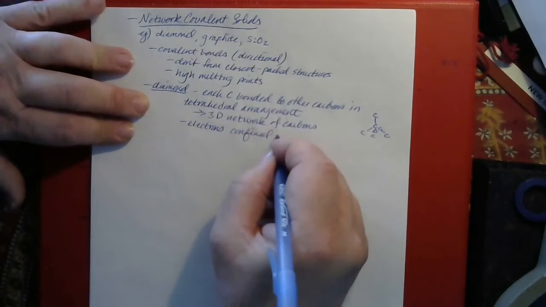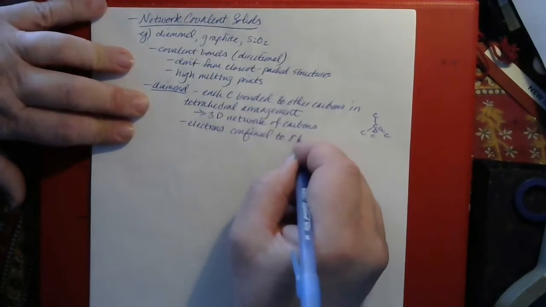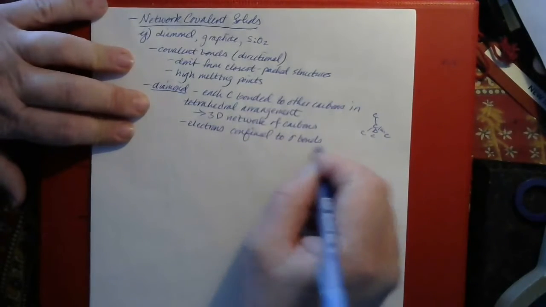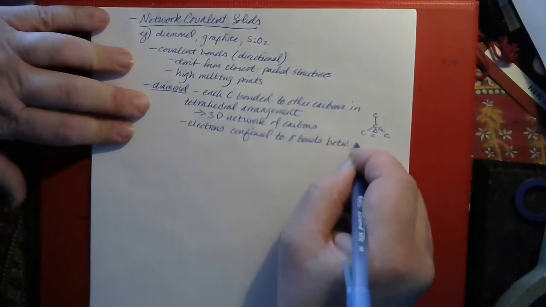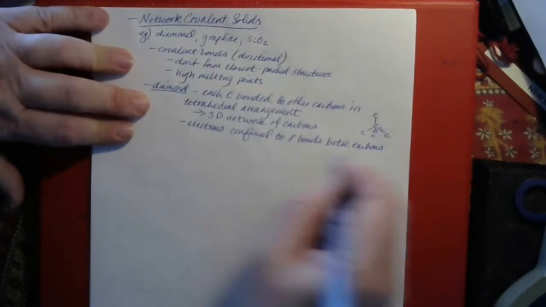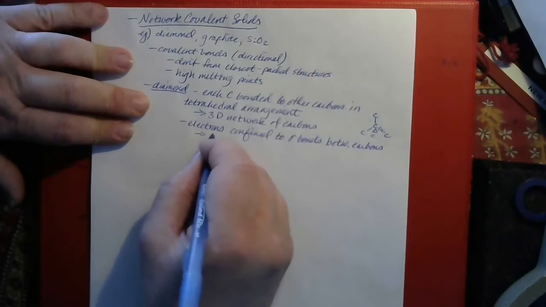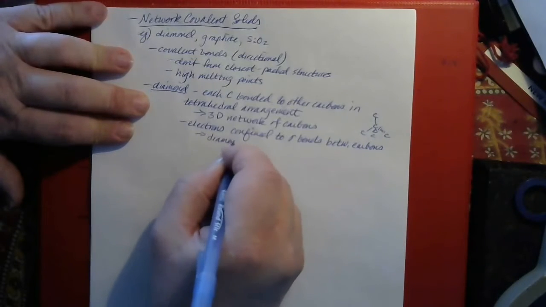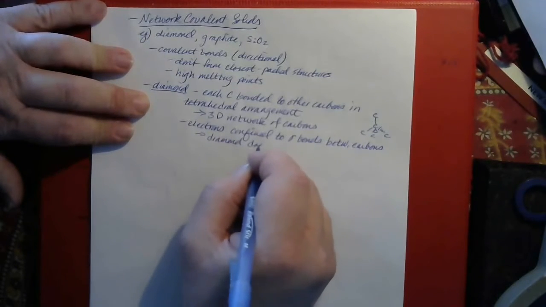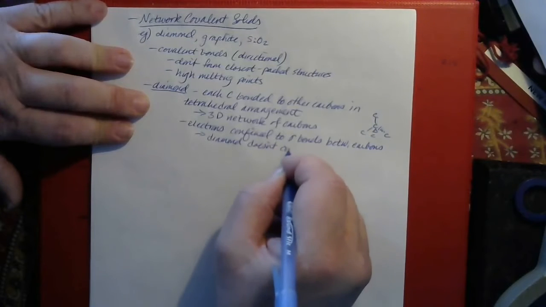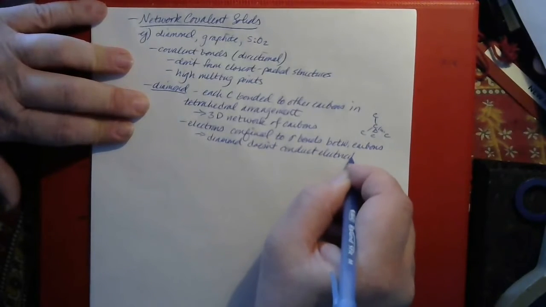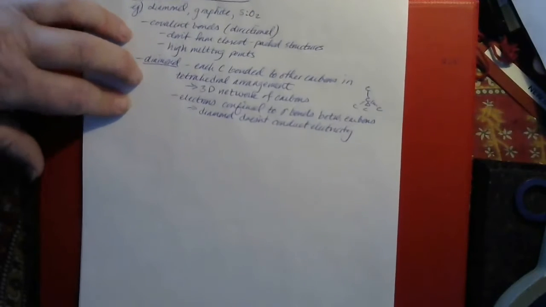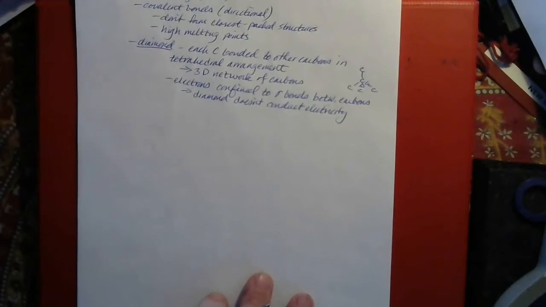Because the electrons are confined to sigma bonds between carbons, diamond does not conduct electricity, just like most other tetrahedrally bonded compounds don't conduct electricity.